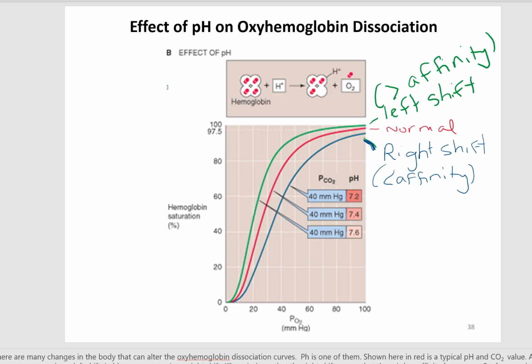How can I prove this to you? For demonstration's sake, let's say we want to go from 100%. And remember, from an earlier slide, I told you that it's really not 100%. It's closer to 97%. But still, I want you to think of 100% and 97% as being our normal.